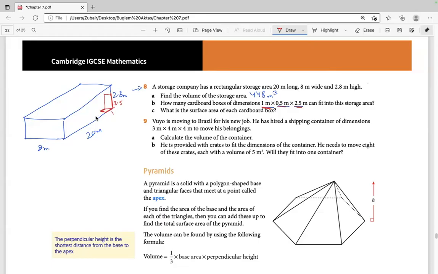Now this is 1, and it will place 20 of these boxes in this line. This is 0.5, so it will place 16 of these boxes on this side. And at the top, 0.3 meter is going to be wasted. We cannot push in any box in that space.